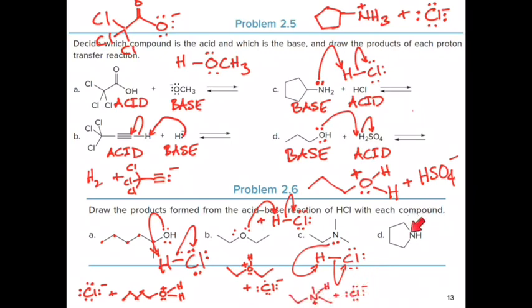And the last one here, when you look at this nitrogen, it also contains a lone pair of electrons. So we're going to put a lone pair here. There we go. And then we're going to react this with a hydrochloric acid. And so again, this lone pair of electrons would attack this hydrogen, and then the bonding pair will turn into a lone pair.